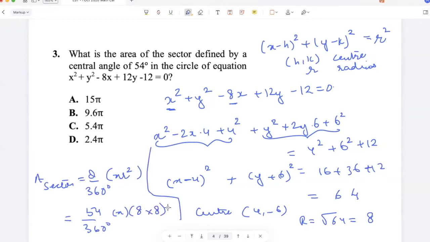Because the radius is 8. So 9 into 6, 54 and 40, 8 into 5, 40. So 48 by 5, which is 9.6 pi. So B.